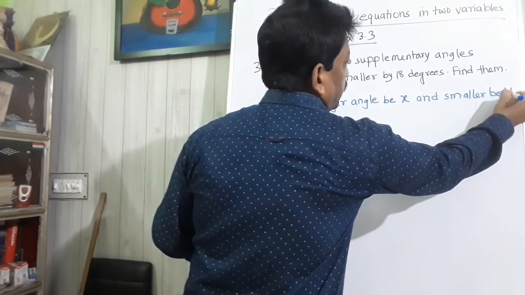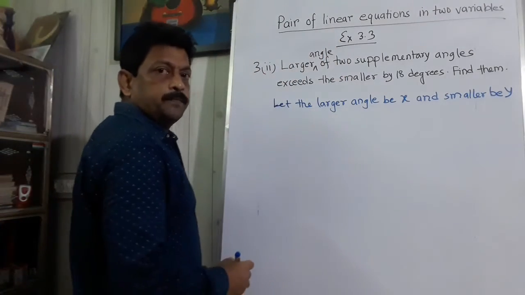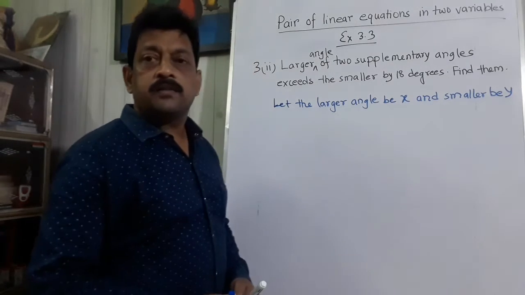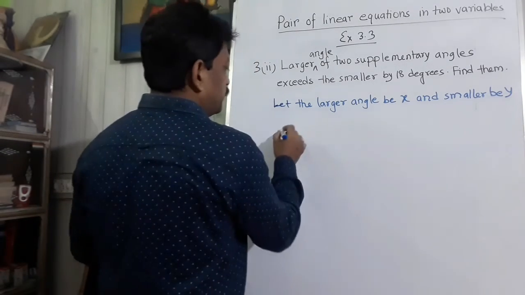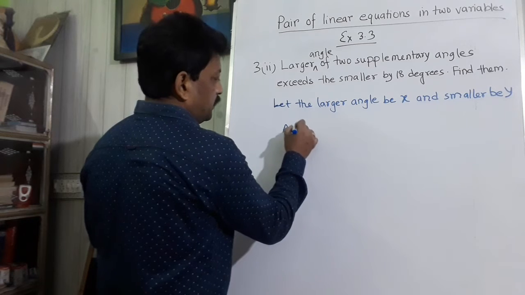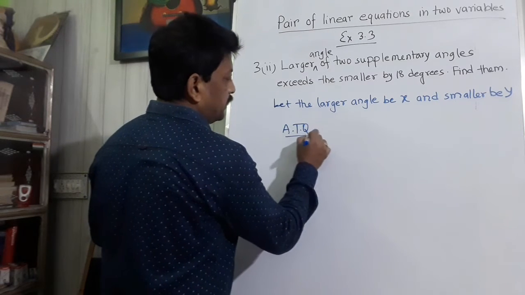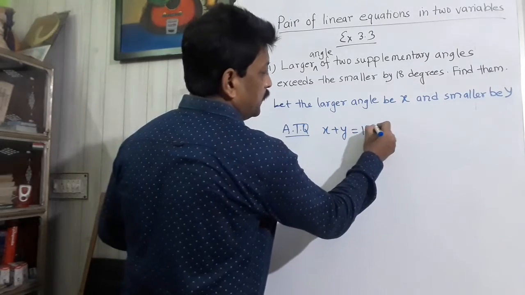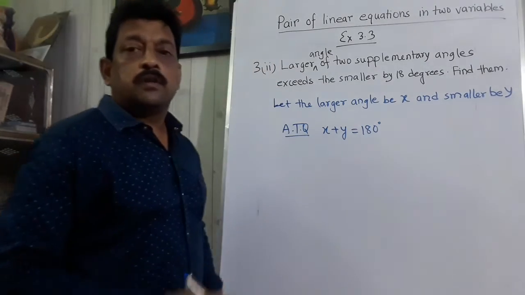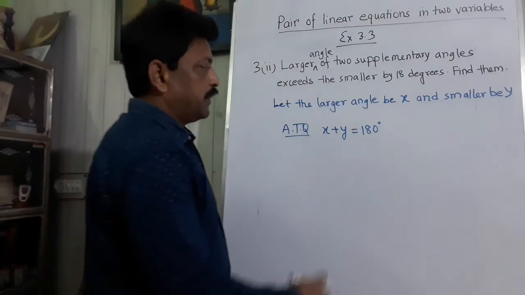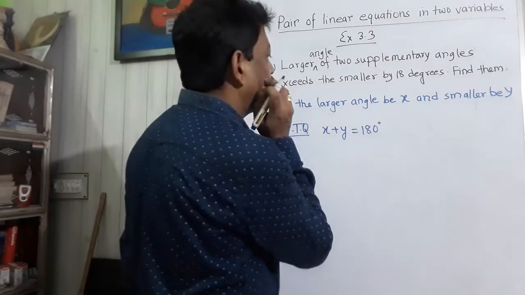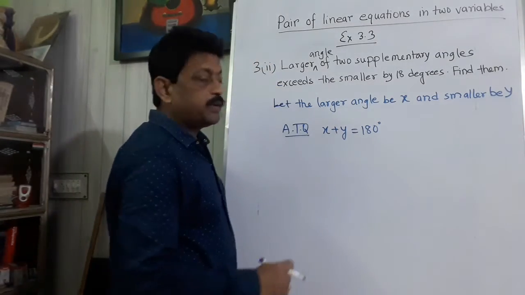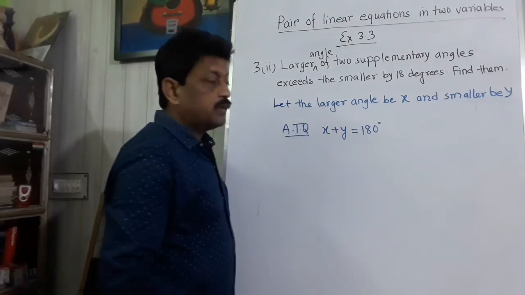Okay. Now since they are supplementary angles, according to the question x plus y equals to 180 degrees. We all know supplementary angle means the sum of two angles must be 180 degrees. So x and y are supplementary, so their sum is 180 degrees.